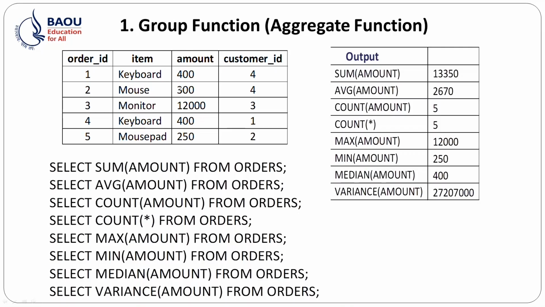From this column, 400 is the middle value. First of all, the values are put in ascending order, then the middle value is found and returned. Now the variance function is used to display the variance of these amount values.